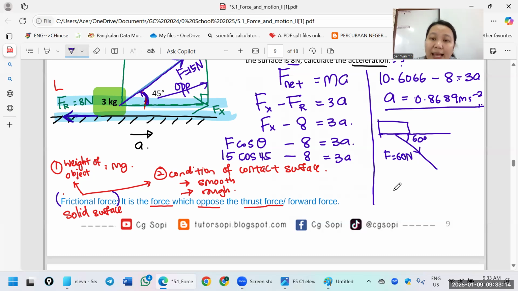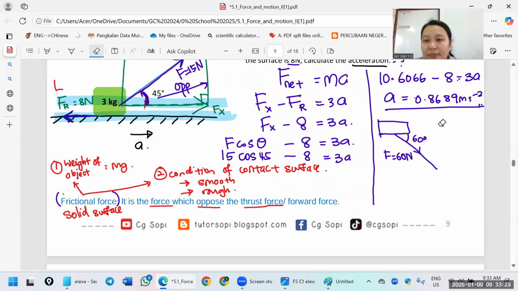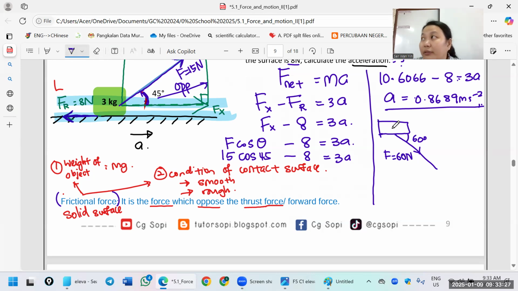Now, may I know, this is the flat one, we look from the top.